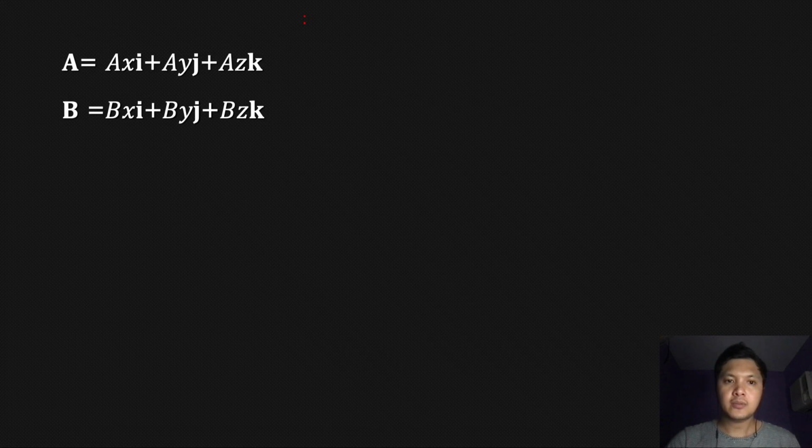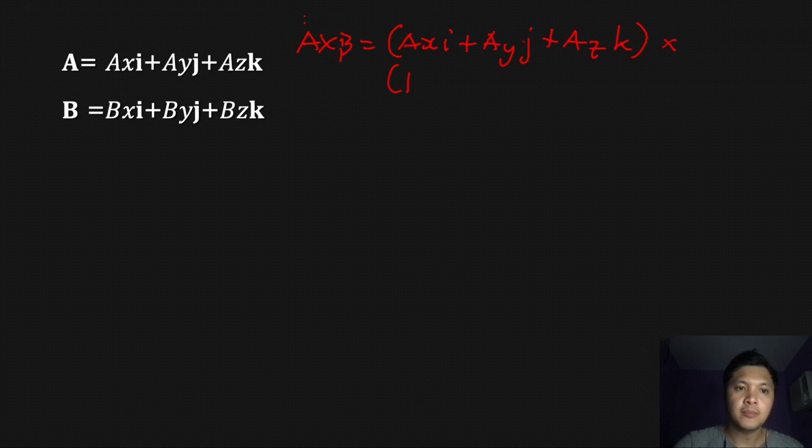Now if you want to cross A and B, that is equivalent to AxI plus AyJ plus AzK, and then cross with BxI plus ByJ plus BzK.